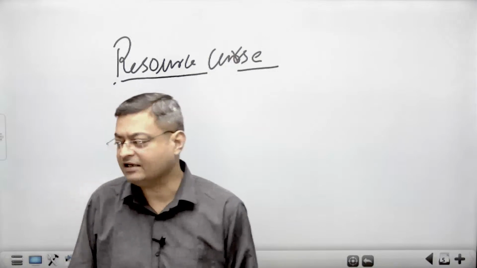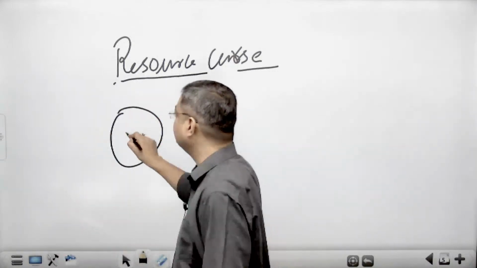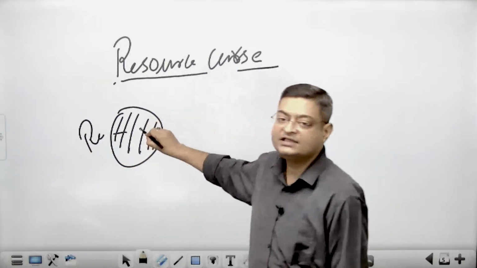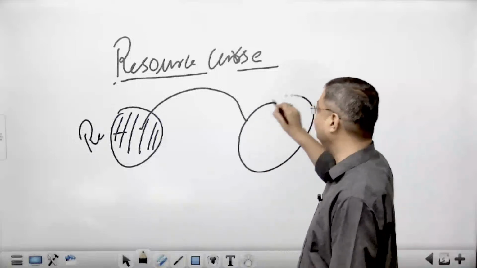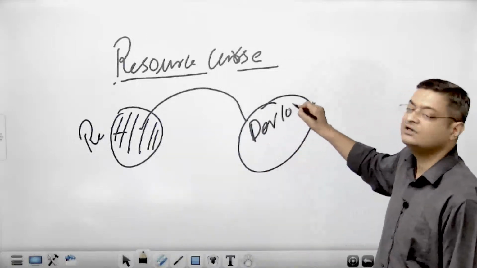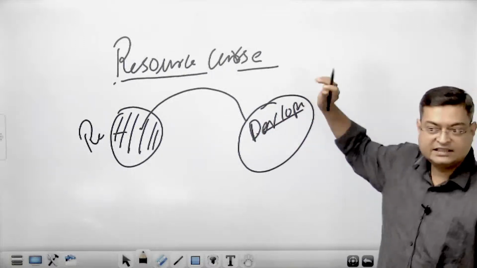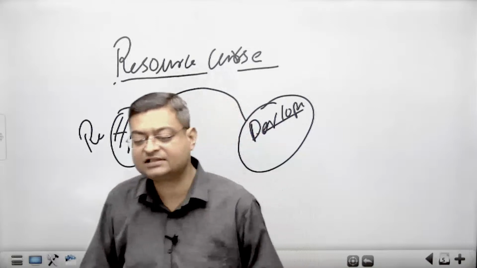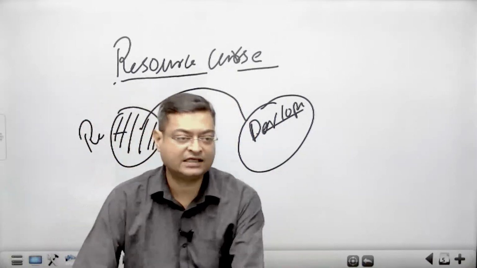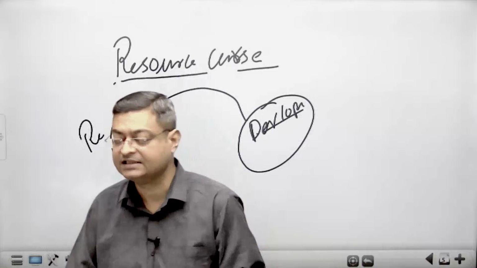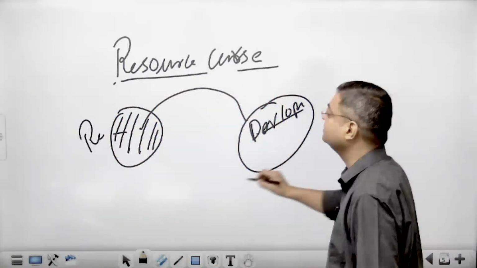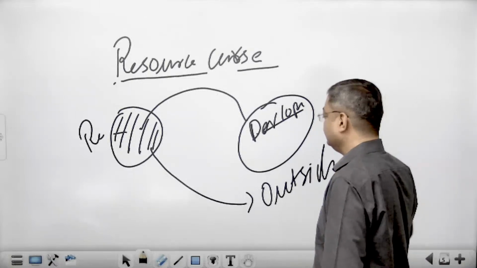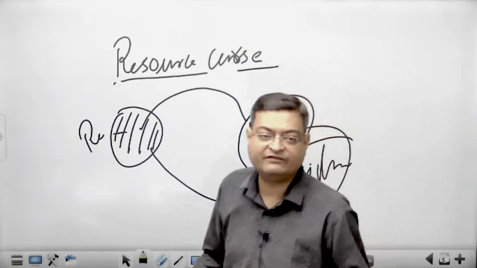So if a place is resource rich, the resources are not being utilized for the development of the locals. What do they get? Nothing. So this term is called resource curse. You have all the resources, but they are not utilized for your development. That means the outsiders are taking your resources and earning benefits from it.